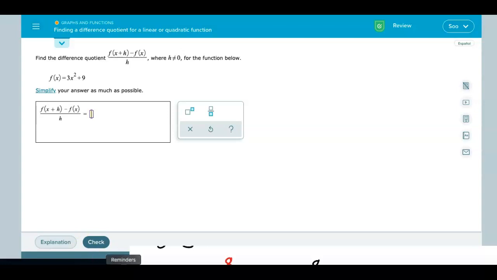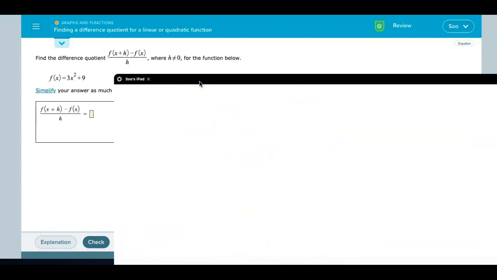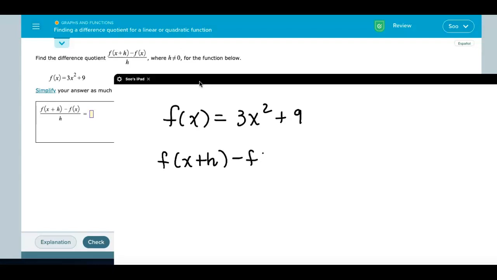Okay, so let me go ahead and bring up my note. They said find the difference quotient and they gave us a formula, so that's okay. The function is f of x equals 3x squared plus 9. I'm going to go ahead and find the difference quotient. Difference quotient is when you do f of x plus h minus f of x and you divide it by h.